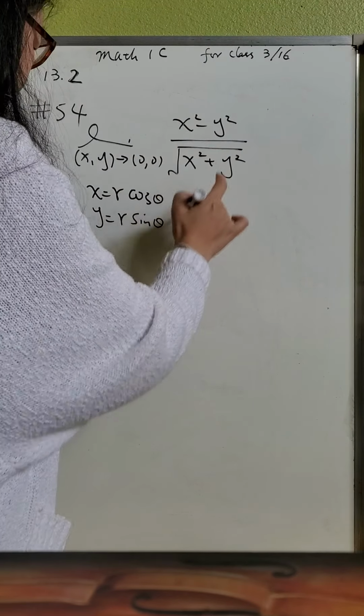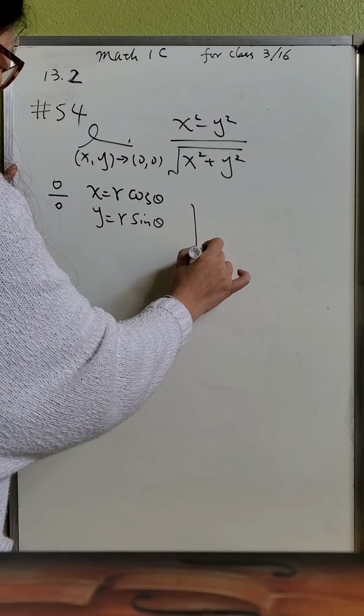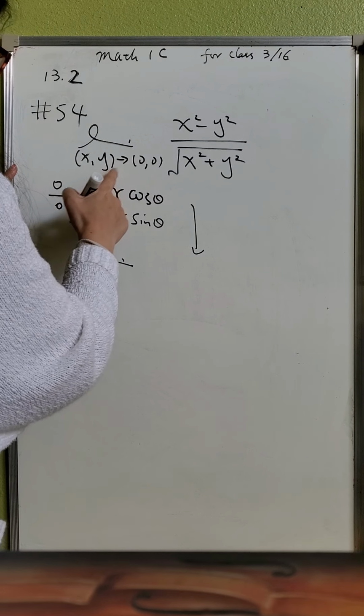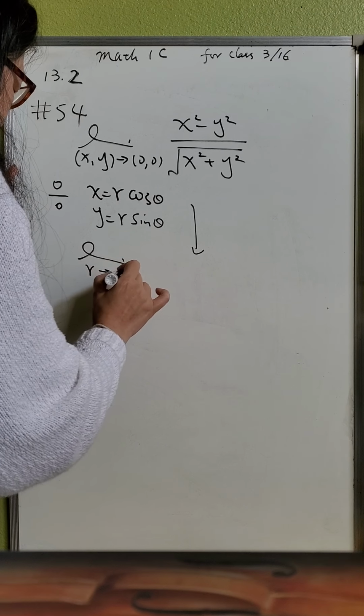Okay, so I'm going to continue here. Sorry about that, it's not long enough, so I'm going to continue here. So my limit here, (x, y) to (0, 0) becomes r to 0.